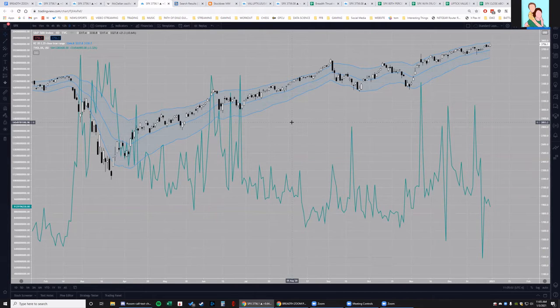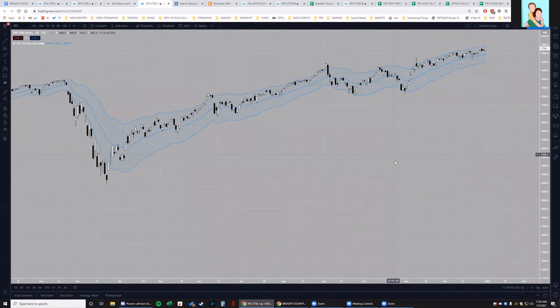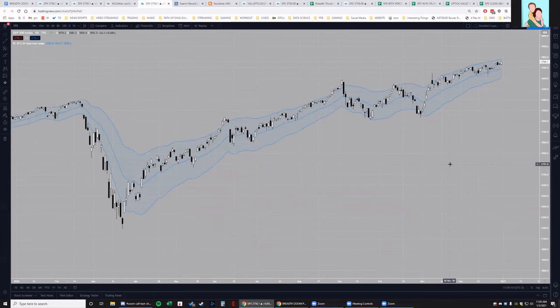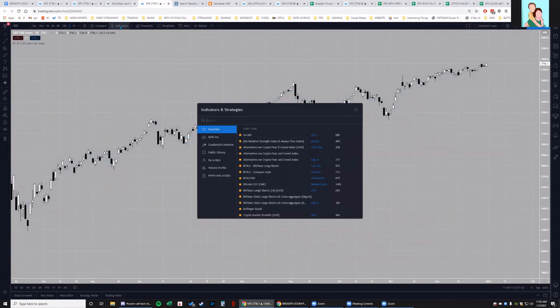Just something that comes to mind looking at this, because whenever I look at what's a signal for a top, forget February and March of 2020, because obviously that was a crisis. Hopefully we never repeat in our lifetimes.